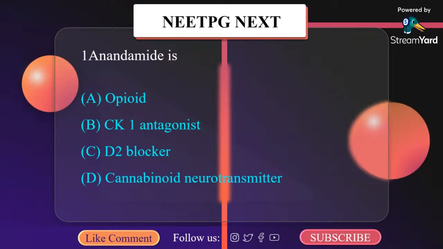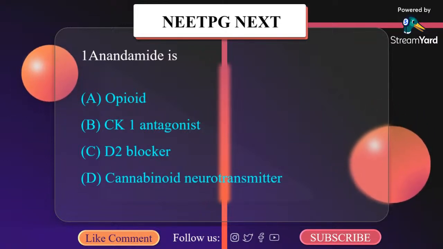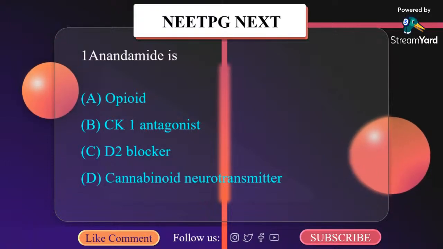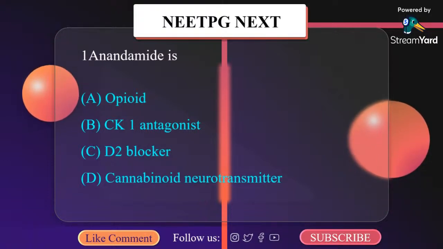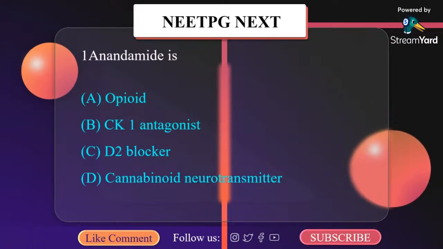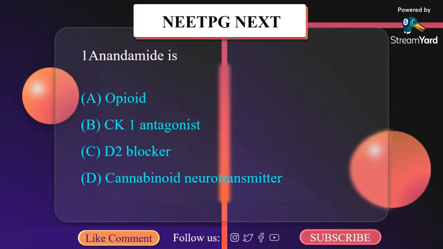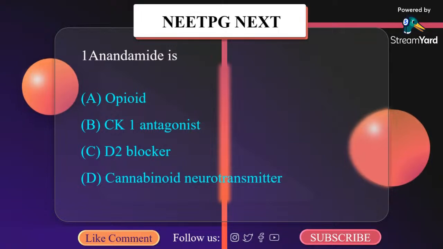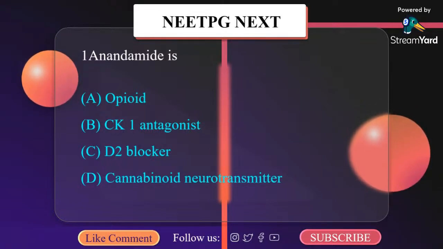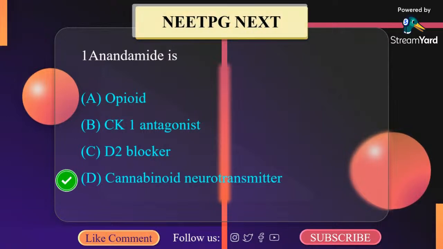It is synthesized from N-arachidonoyl phosphatidylethanolamine by multiple pathways. It is degraded primarily by fatty acid amide hydrolase, which converts anandamide to ethanolamine and arachidonic acid. As such, inhibitors of FAAH lead to elevated anandamide level and are being pursued for therapeutic use.